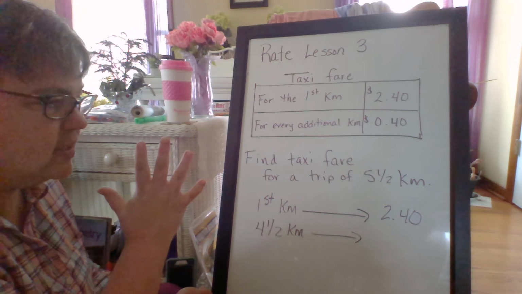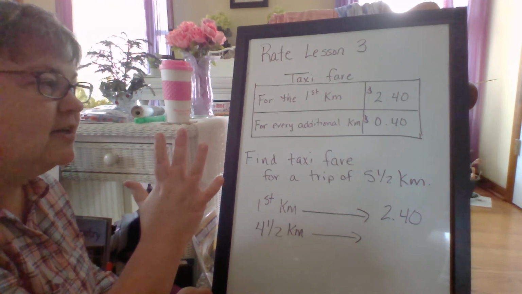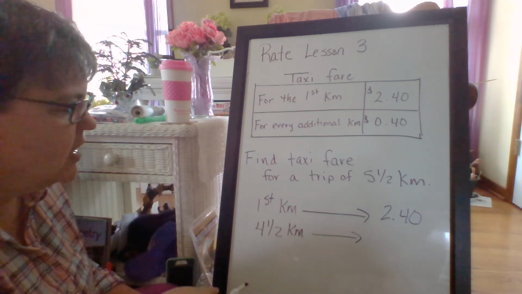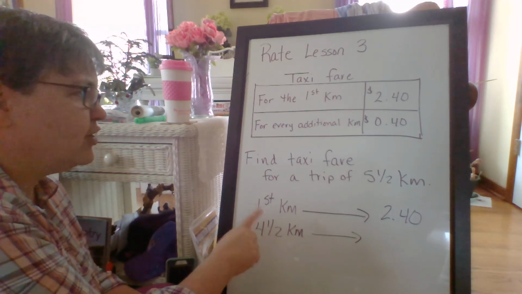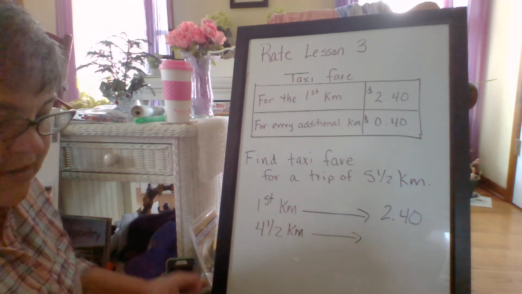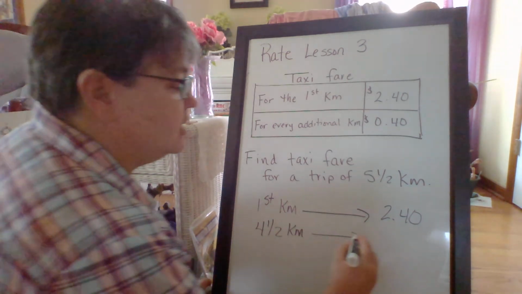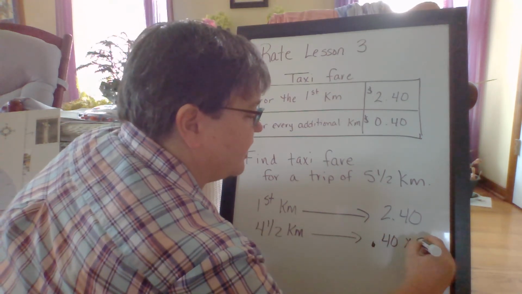If there's anything over the last step, you're going to pay for that one in full. So we have 4, but we have part of another. So you're going to pay for 5 of them. So you're going to have to pay 40 cents times 5.